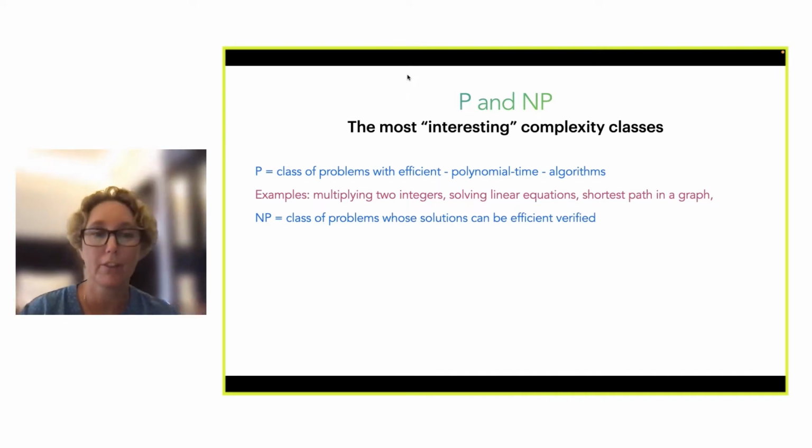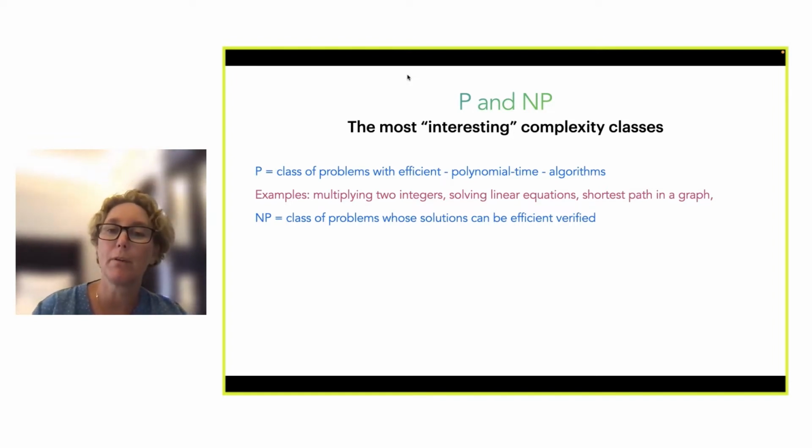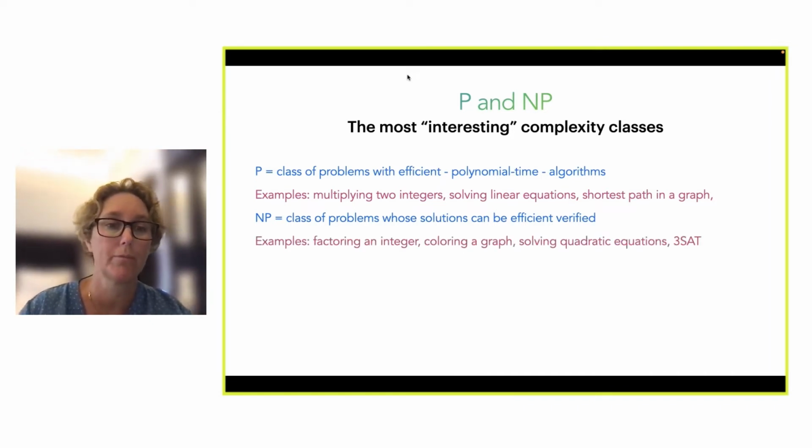NP is a broader class of problems, so we believe. These problems, maybe we don't know how to solve them, but at the very least, if someone gives me a solution, proves to me that some system of equations is satisfiable, I can check it. So NP is the class of problems where you can efficiently verify a solution if you are given one.